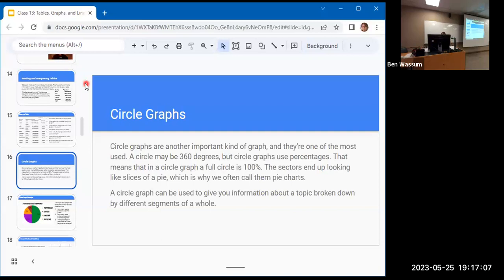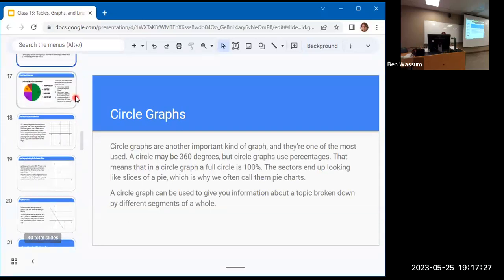So each sector, all of the sectors combined should add up to 100%. This is particularly useful because a lot of times you can use a circle graph and kind of take information at a glance, as long as it's made accurately. If it's made inaccurately, not to scale, then you have a problem.